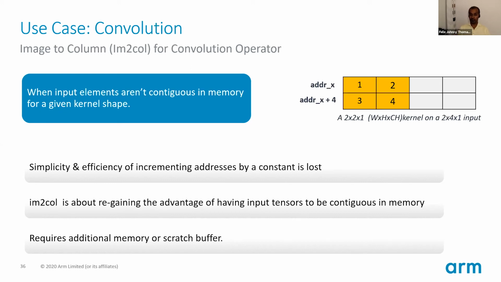And there is a reason why we do 2. One, of course, we would like to keep the memory requirements low for the additional scratch buffer. And also it is the point at which the register utilization is max.